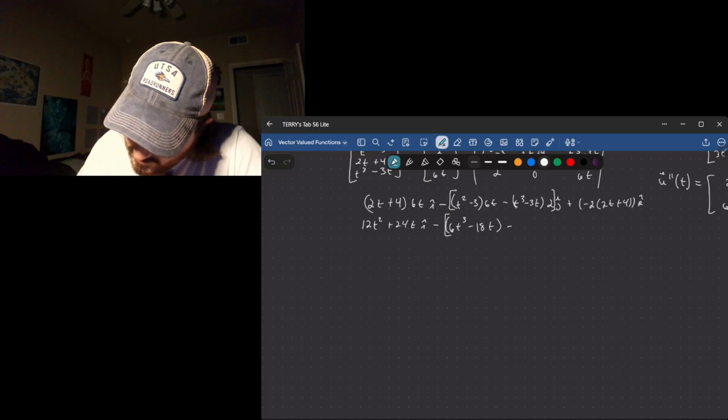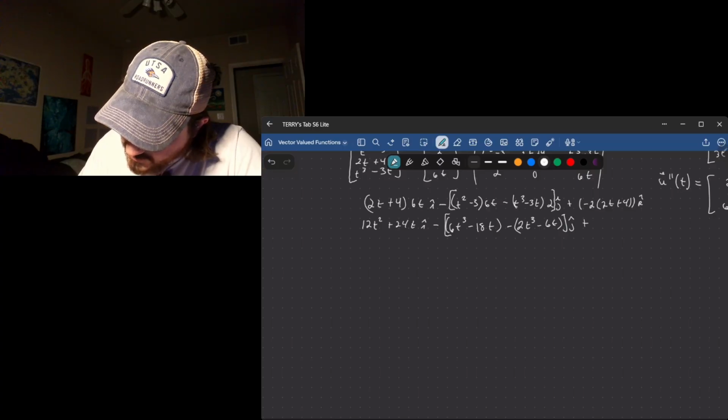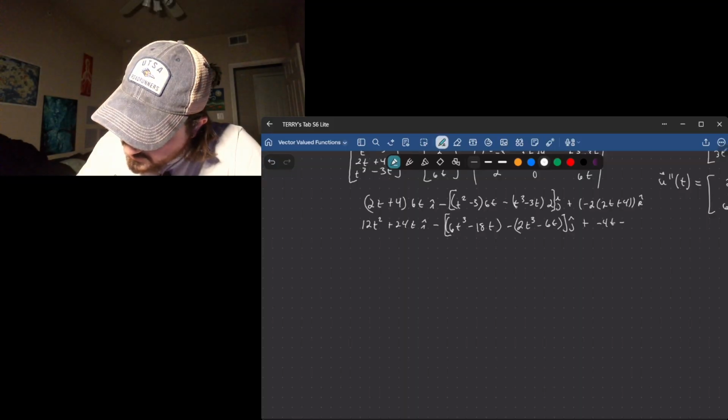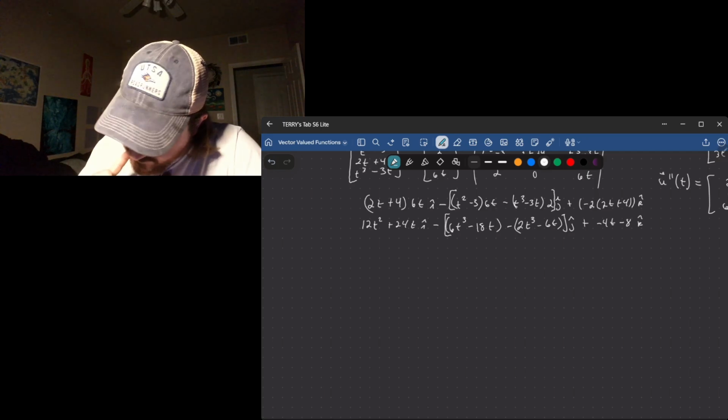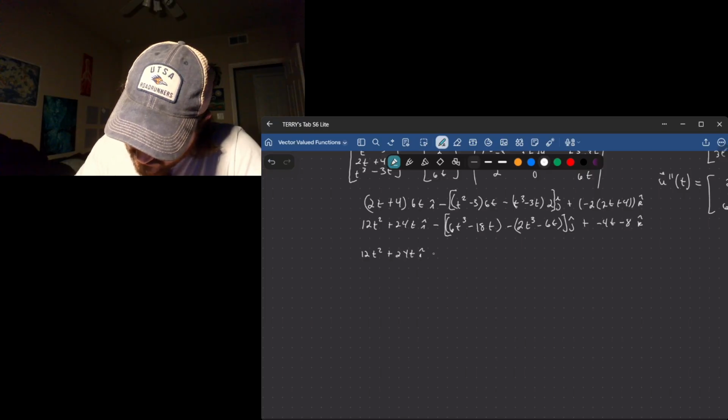Now we have minus t cubed times 2, so that's 2t cubed minus 6t. Still keep track of your parentheses, be careful. It's easy to make little mistakes here. So now we get plus negative 4t, and then minus 8k hat. This first piece doesn't really simplify at all, so we can leave it exactly how it is: 12t squared plus 24t, i hat.